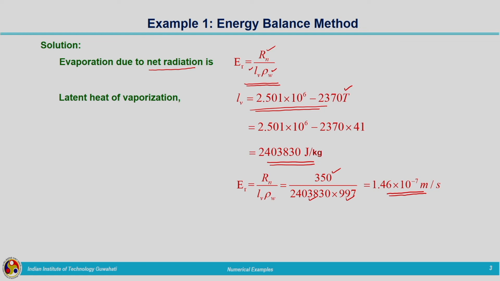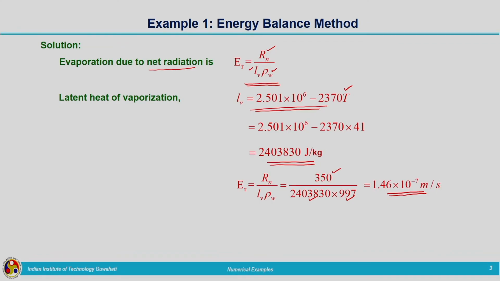It will be represented in millimeters per day. It depends upon our requirement, sometimes in a month, in a year. Here in the question it is asked to represent evaporation in millimeters per day. When we convert this, we get the rate of evaporation as 12.62 millimeters per day, which is approximately 13 millimeters per day.